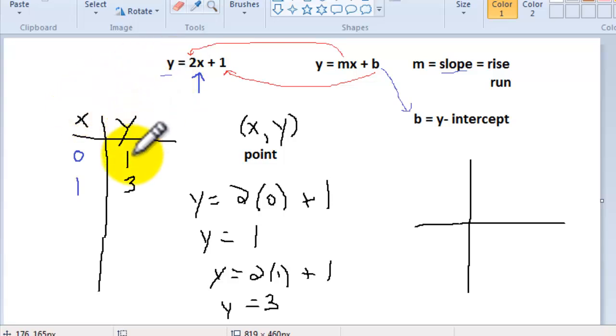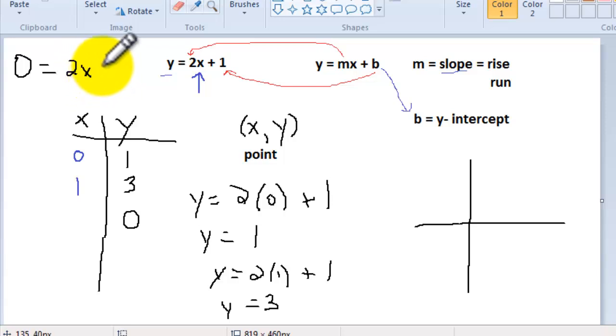You can plug in a y value and then turn and get an x. We can do that. In fact, when you plug in 0 for y, you're going to get the x-intercept. And we're going to go over that concept. So let's plug in 0 for y. Let's say 0, because I'm replacing y with 0 now, equals 2x plus 1.